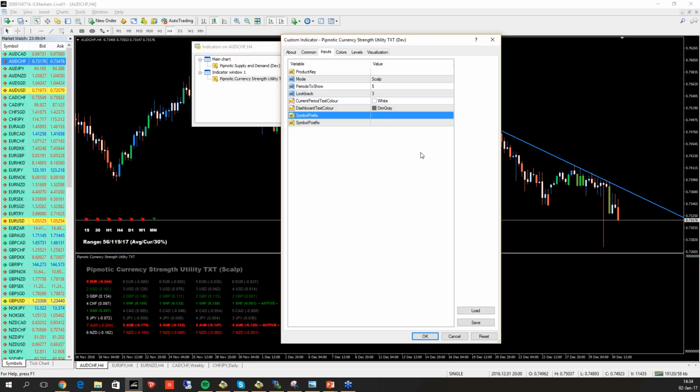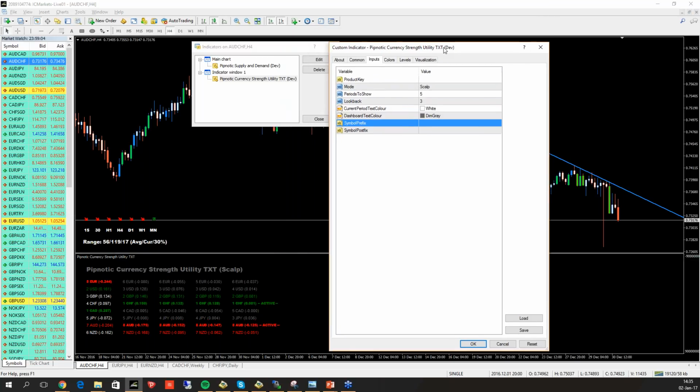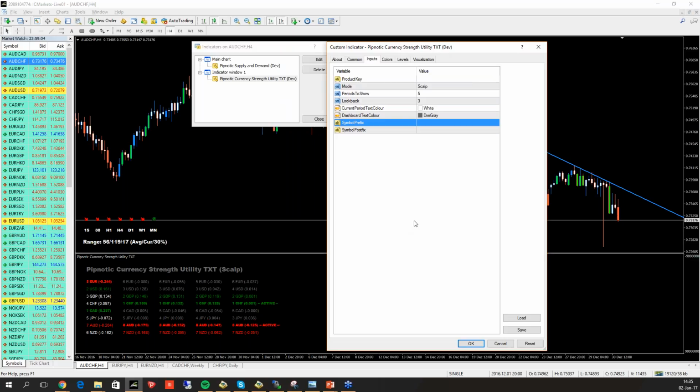So just be patient if it's the first time you're running it. But when the indicator has enough data in order to perform calculations, it'll look like this, and everything should be fine. I've tried it on maybe 10 different platforms, and it works just fine.